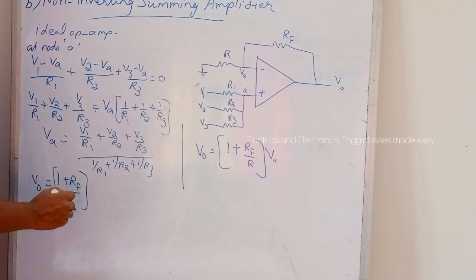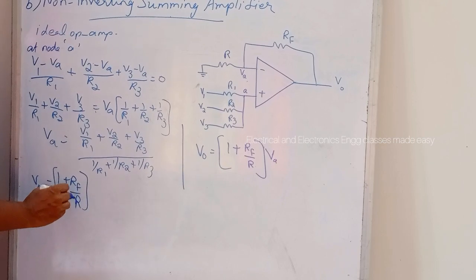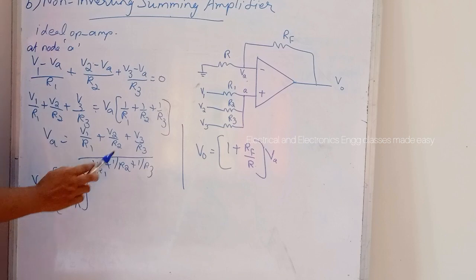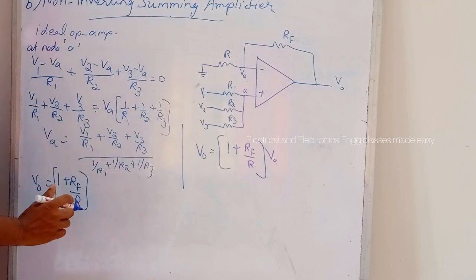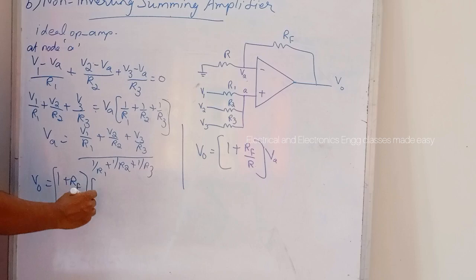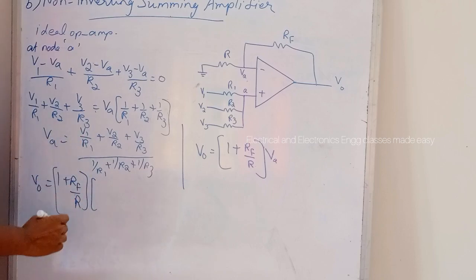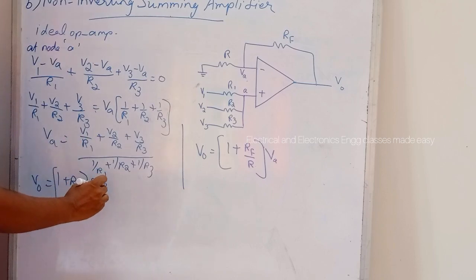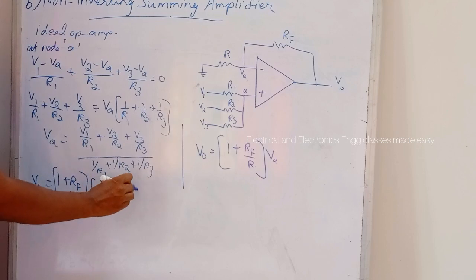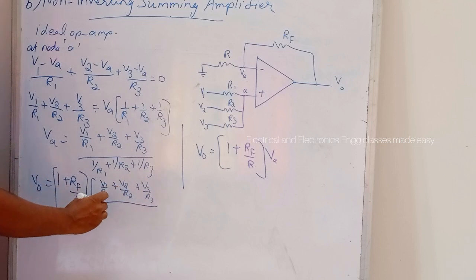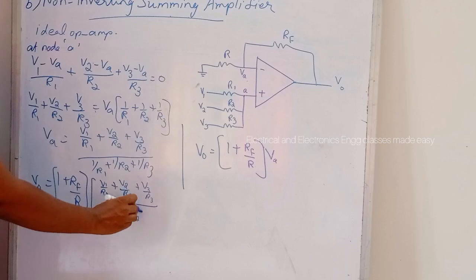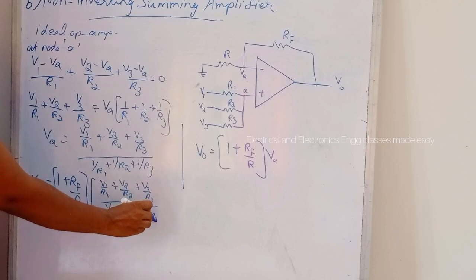So 1 plus RF divided by R is the gain of the non-inverting amplifier, into this VA, that is V1 by R1 plus V2 by R2 plus V3 by R3 whole divided by 1 by R1 plus 1 by R2 plus 1 by R3.